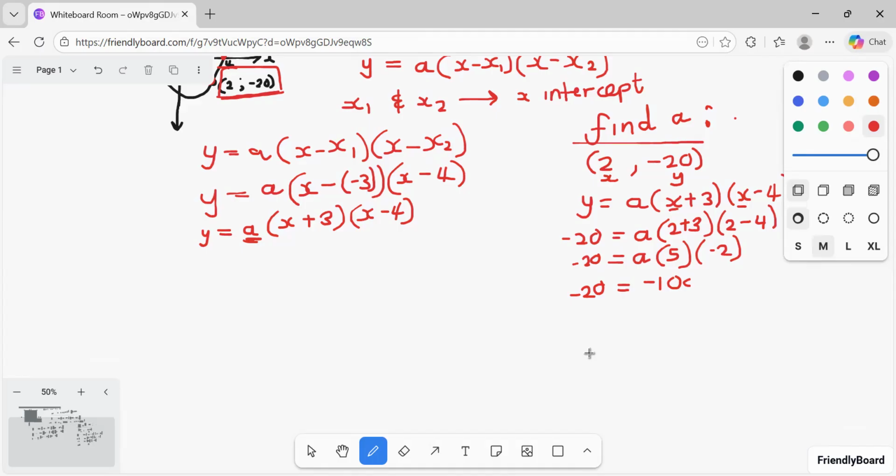Then I'm going to divide both sides by -10.